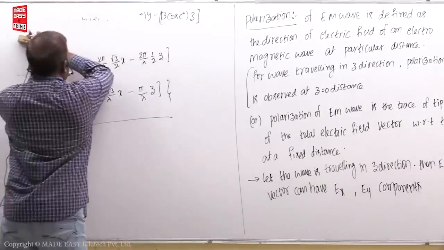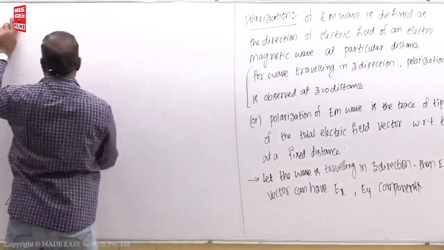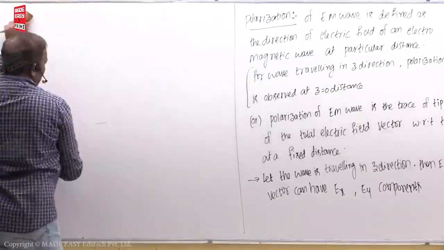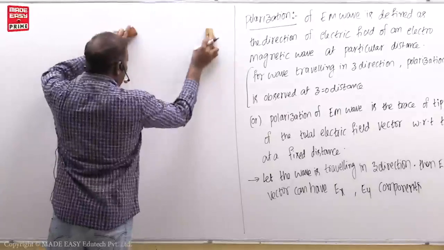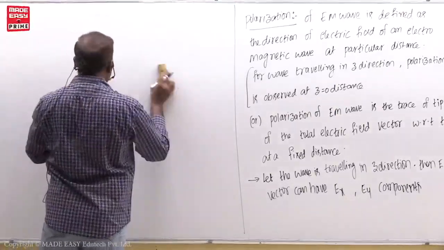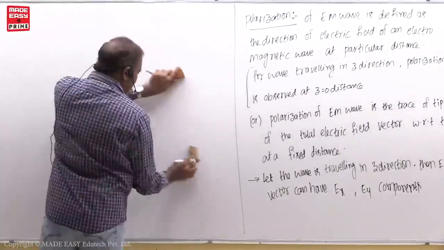You take the equation of the electric field X component and the equation of the electric field Y component. I told you polarization is observed at a particular distance; in general, we observe at z equal to 0.